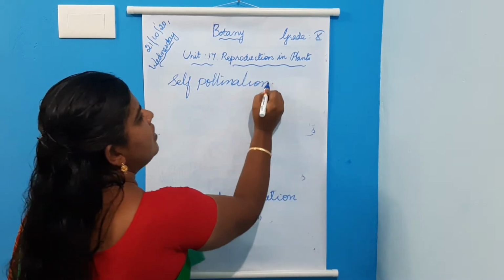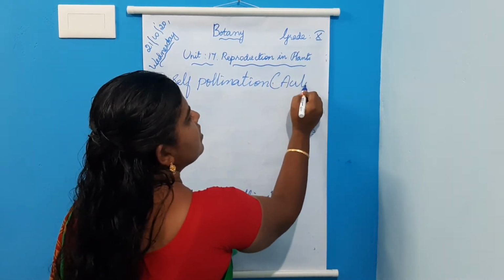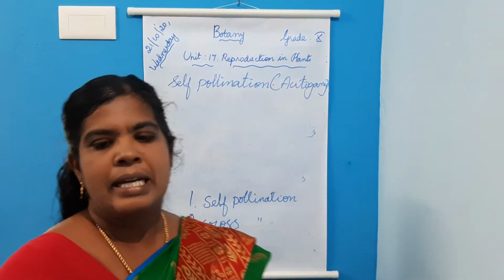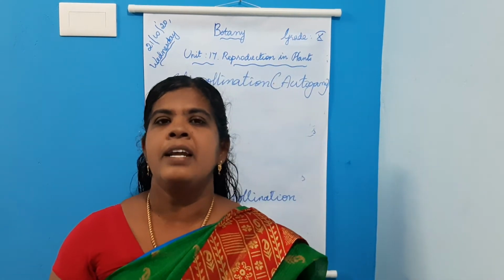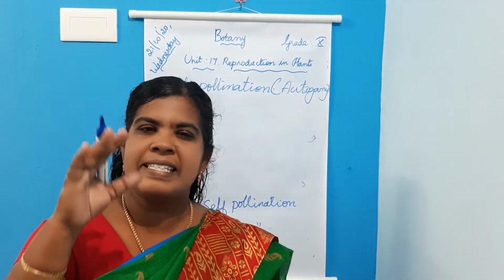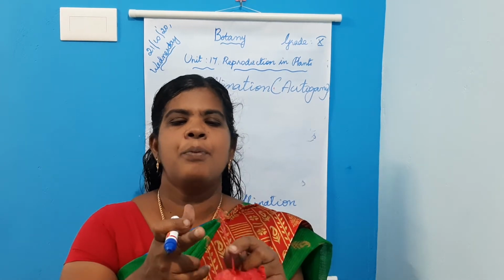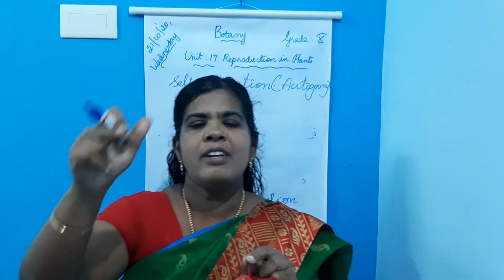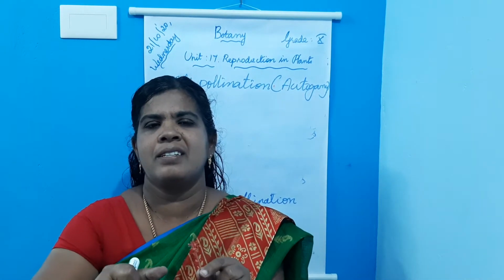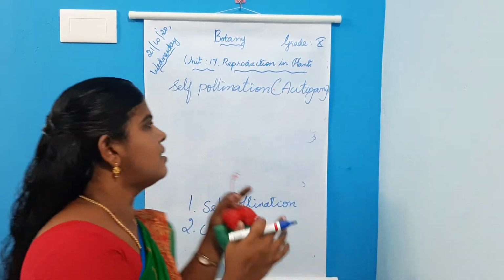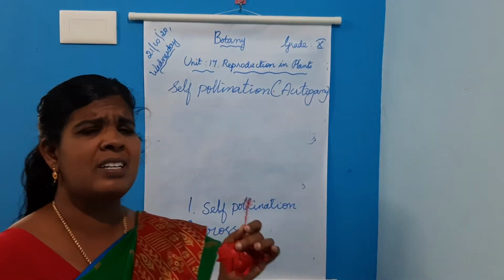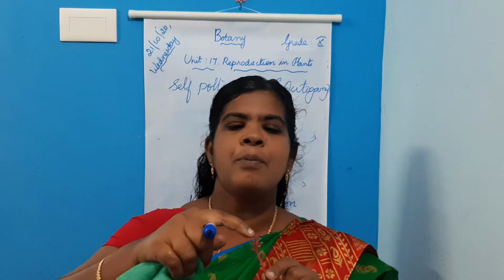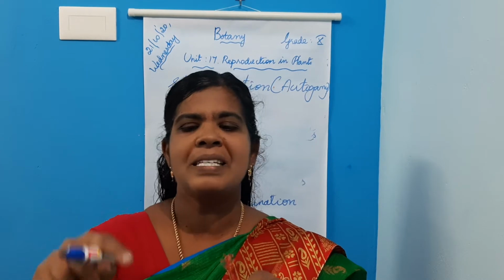What is self-pollination? It is also called autogamy. Self-pollination is also called autogamy. It is the transfer of pollen grain from the anther to the stigma of the same flower, or another flower of the same plant.